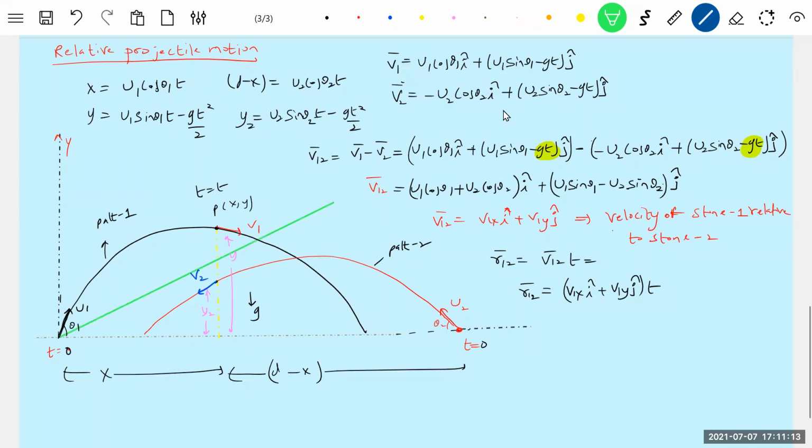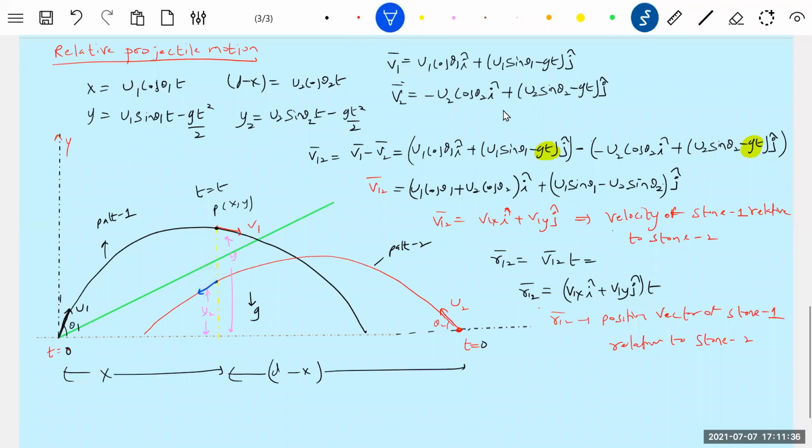R bar is the position vector of stone 1 with respect to stone 2. When stone 1 looks at the ground, it moves in a parabolic path. When the same stone 1 looks at stone 2, it feels it is moving in a straight line.